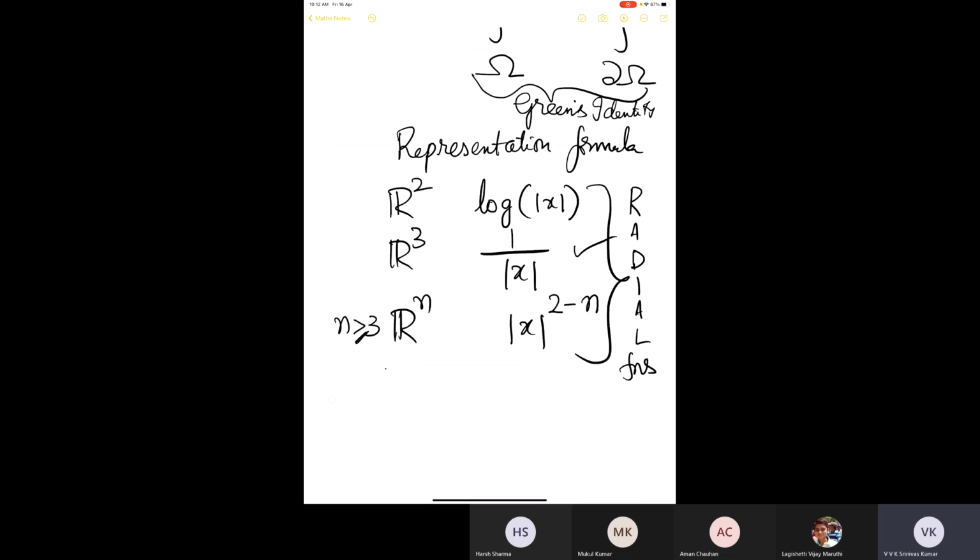And what are fundamental solutions? As I mentioned before, there is a constant here.